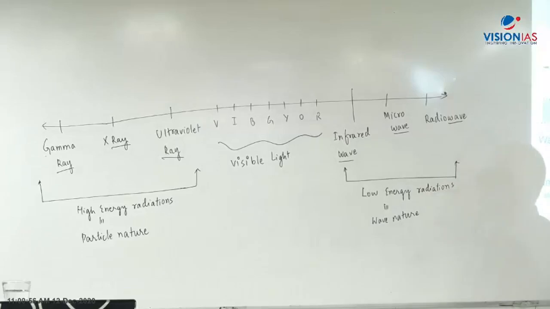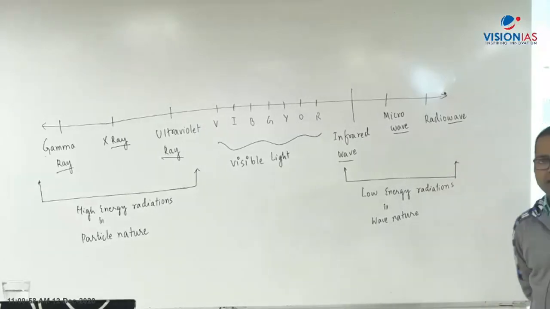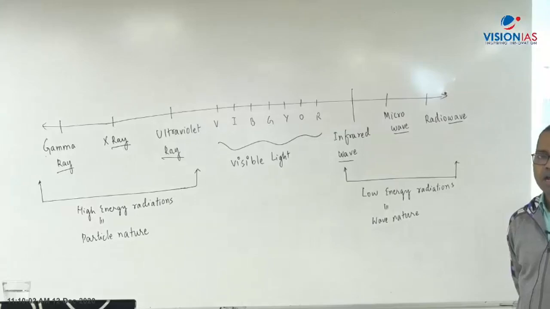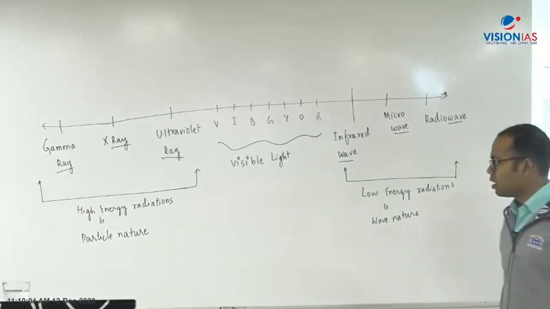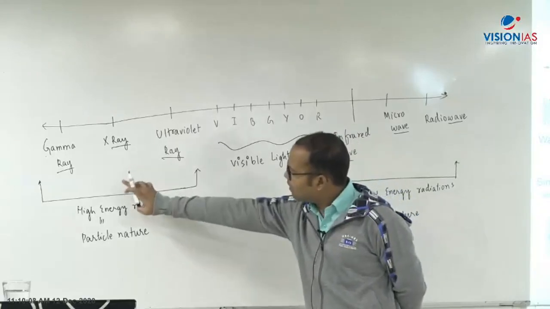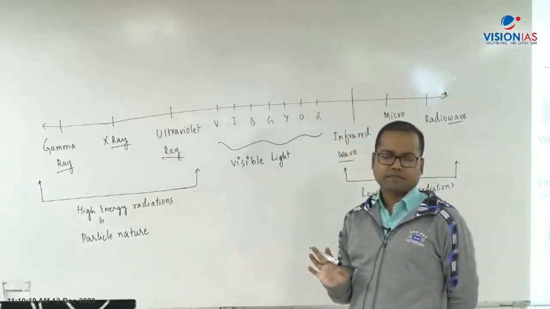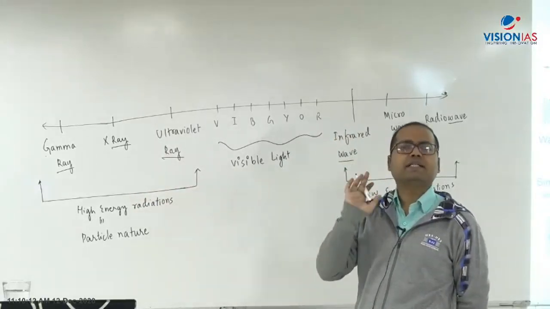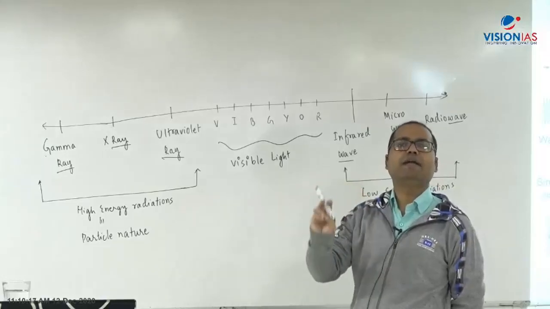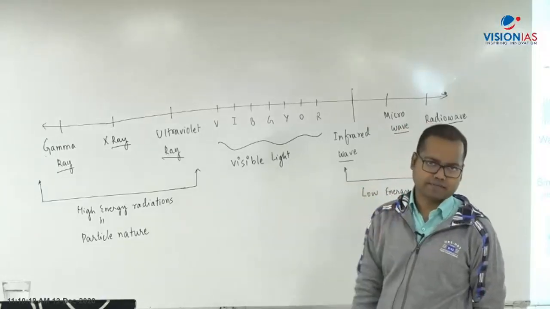If you see, Einstein said in his experiment, light of a specific frequency is able to eject electrons out of a metal surface. Right? Gamma, X or ultraviolet, even the slightest intensity or the dim intensity of these rays will be able to eject electrons out of the metal surface.